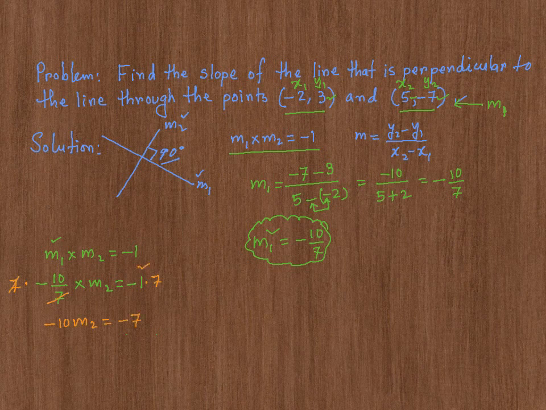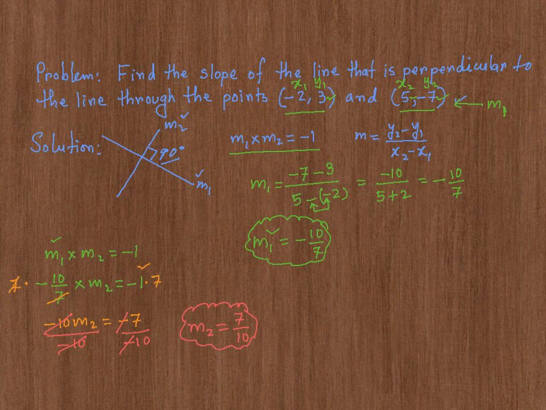-1 times 7 is -7. Now I divide both sides by -10. The -10 and -10 cancel, so that gives me m2 is equal to negative, and the negatives cancel, 7 over 10. So the slope of the perpendicular line is 7 over 10.